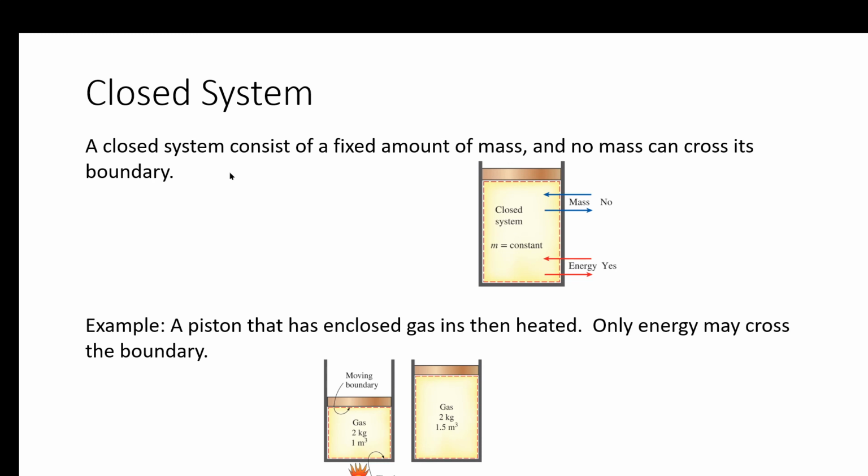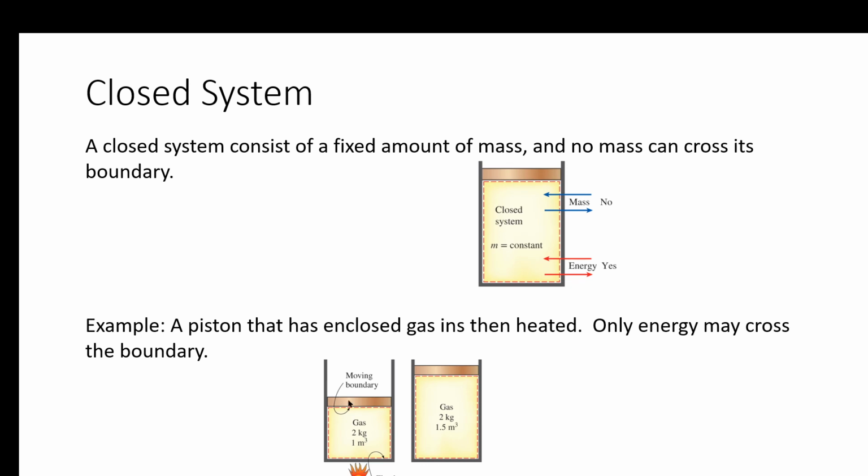Then we have another term called a closed system. A closed system is a certain type of system we'll look at, and also an open system. But the basic idea for a closed system is that there's no mass leaving it. There can be energy going in and work being done, energy leaving, but no mass is leaving.